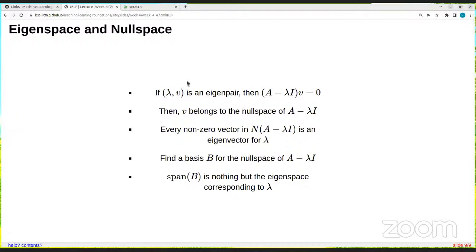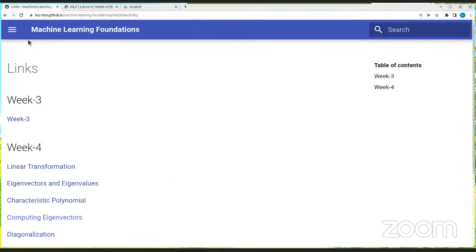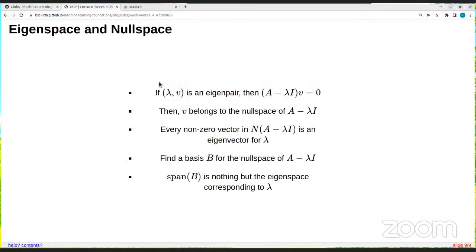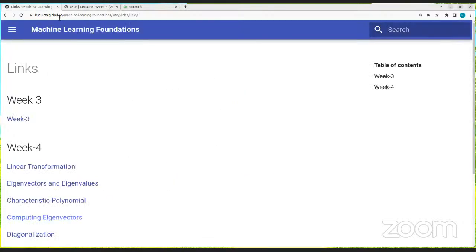If you want to know how to find the basis of a subspace, you can refer to week 3. There is one set of notes for that. Are these things available in our dashboard? These are not available in the dashboard, but we'll paste the link in discourse.